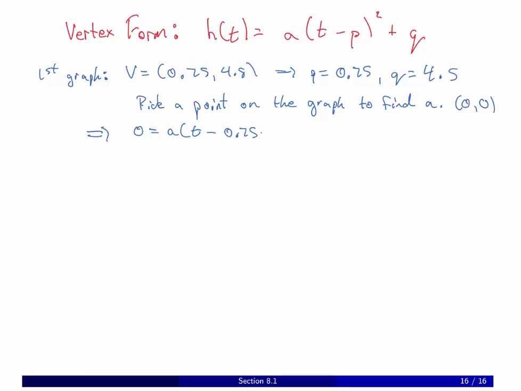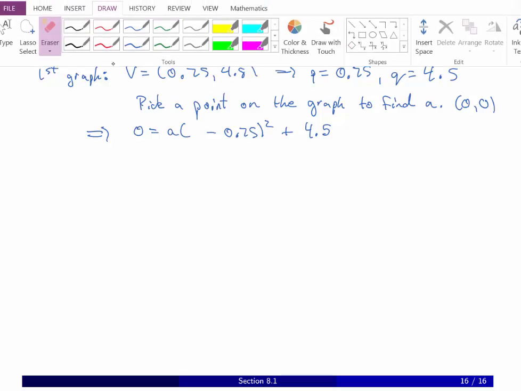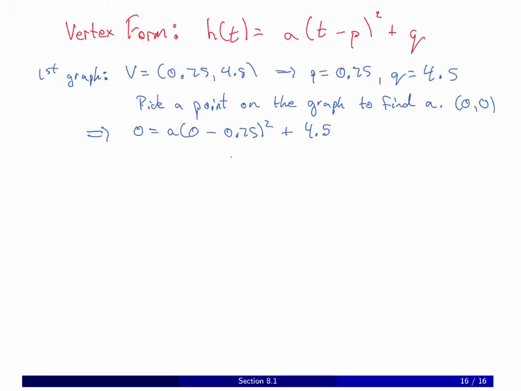I'm plugging everything in. I should have everything known except a. I have a little error, so let's get rid of that and put in 0. Now we just have to compute this. It's quite simple. 0.75 minus 0.5, all squared, will be a positive number.